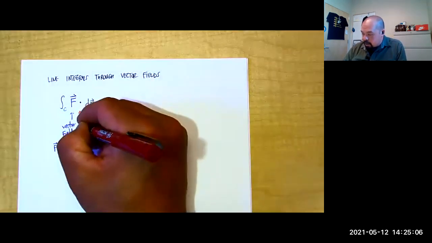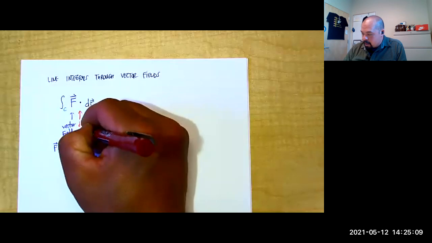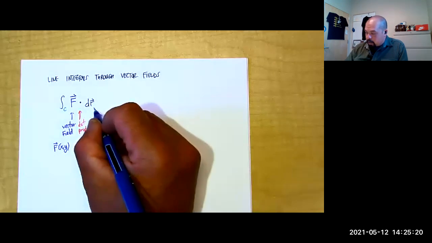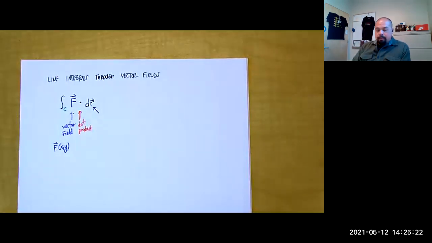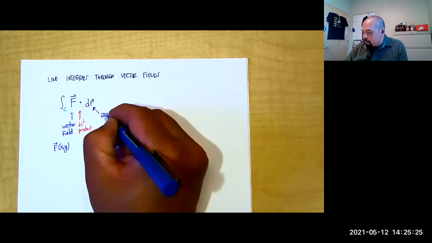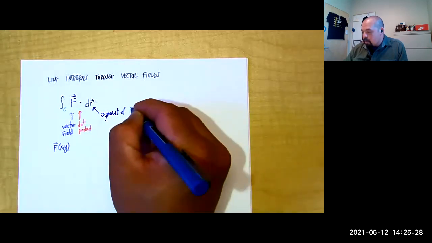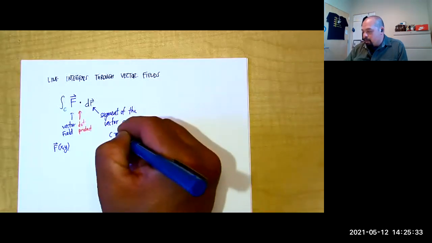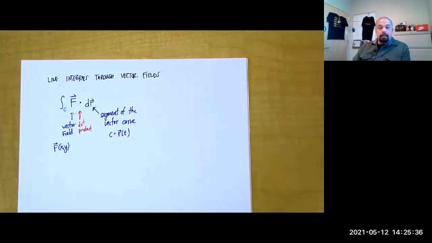Since we're dealing with vectors now, this is going to be a dot product. And now this piece, this dr, this is our little segment of that vector curve, where C was that r of t. So it's just like the ds, now we're calling it dr because this is a vector valued function, okay? More in line with what we're managing.